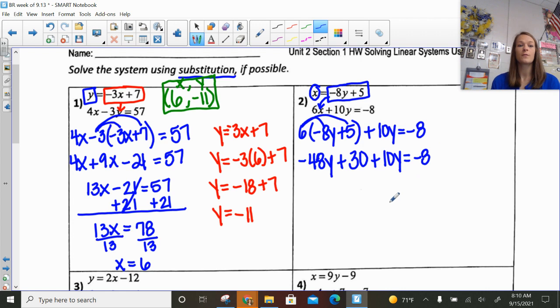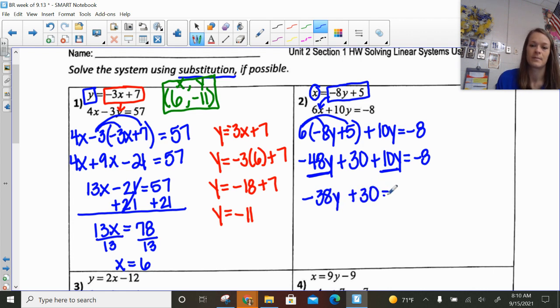Now I'm going to look for like terms. In this case, I have negative 48y and 10y. I can combine those. Negative 48 plus 10 is negative 38y. Then I'm dropping down the 30 and the negative 8. Now I can subtract 30 from both sides.